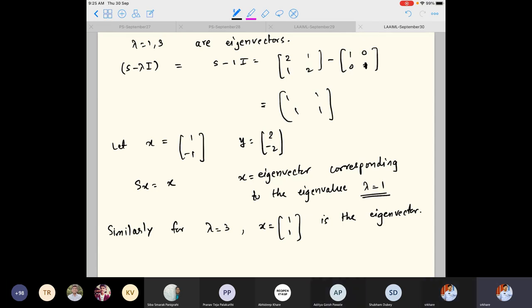Yes, sir. In fact, if I take any vector z equal to (alpha, -alpha) for alpha a nonzero real number, then this z will always be an eigenvector corresponding to the eigenvalue 1. Yes, sir. Is this surprising?